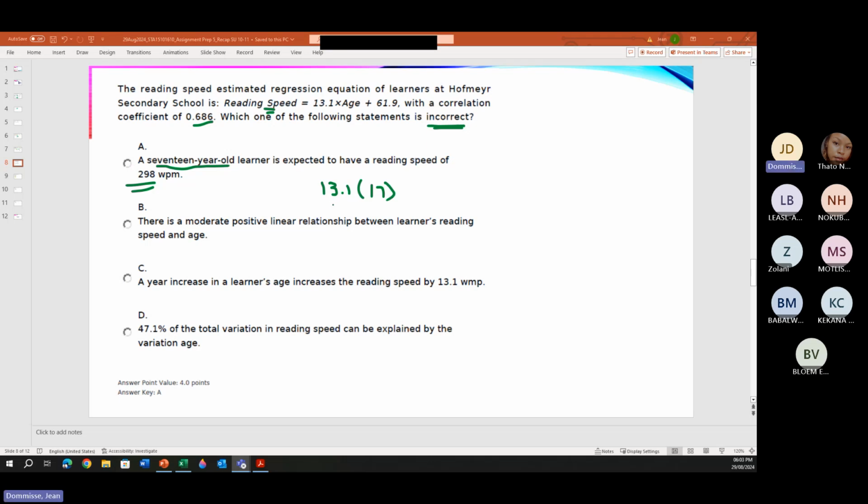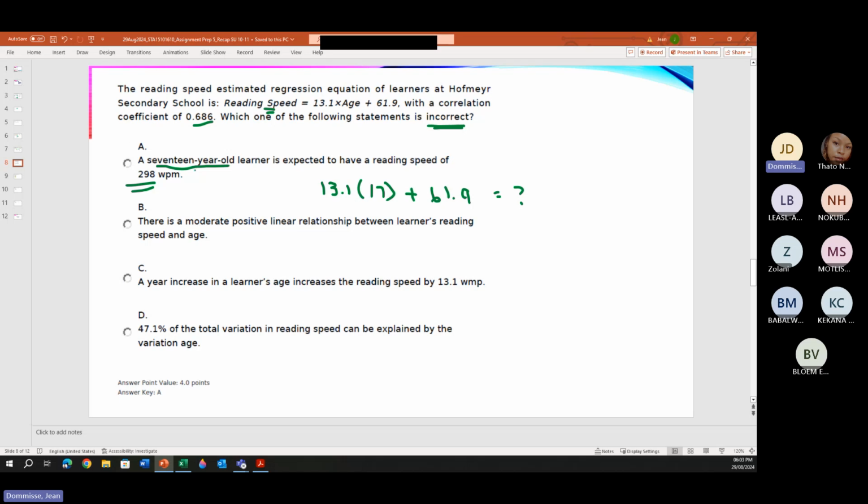So it's 13.1 times the 17 of age plus 61.9. If that number is 298, then we know our answer is correct. If it is not 298, then it is incorrect, and that is the one we wanted to pick.